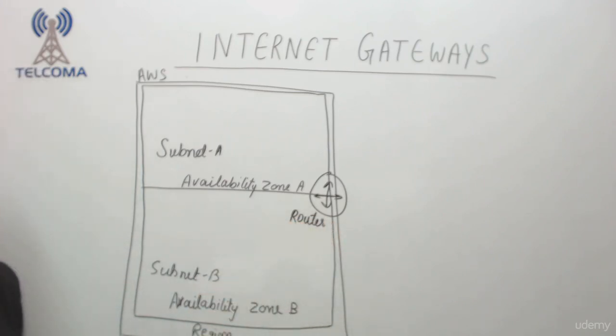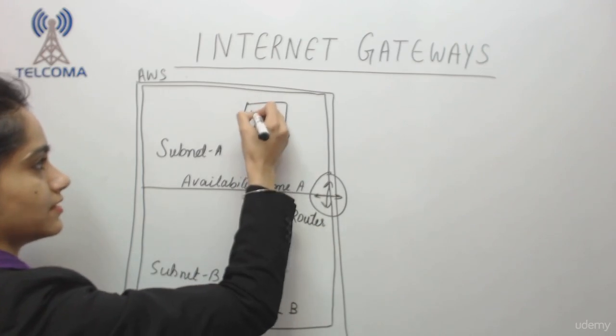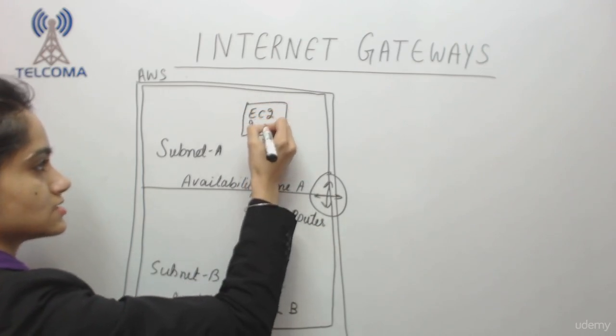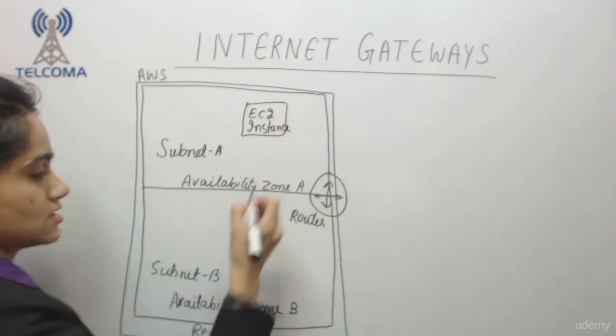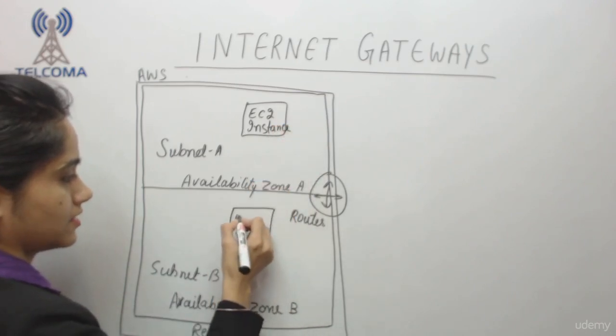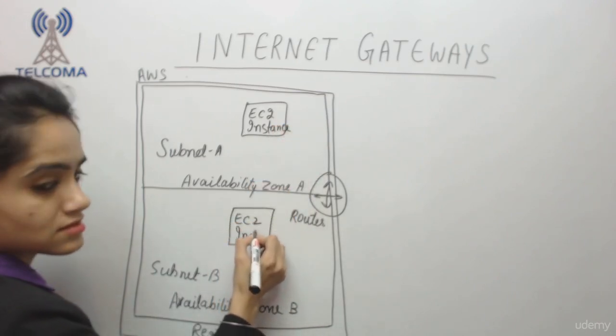In this subnet A, for example, we have an EC2 instance. Same here, we have an EC2 instance.